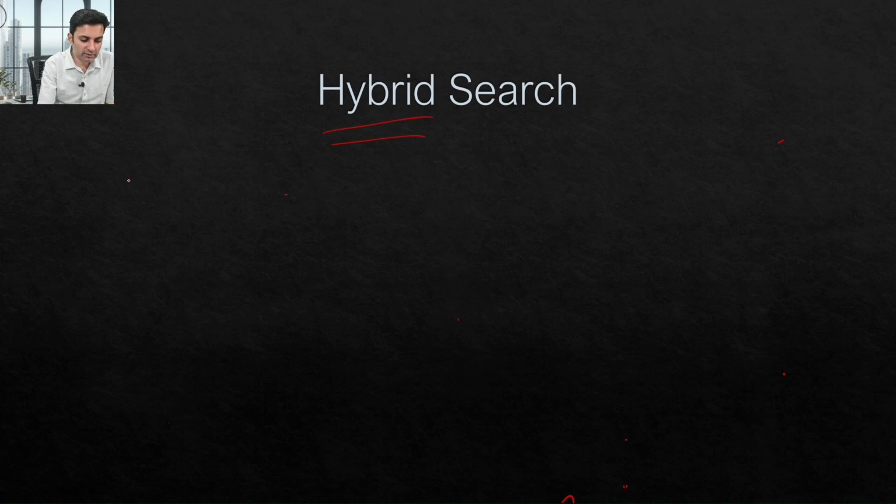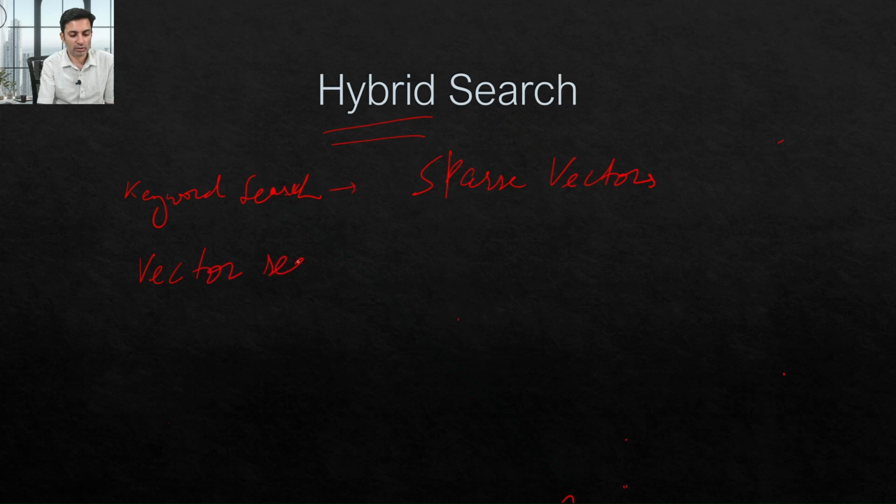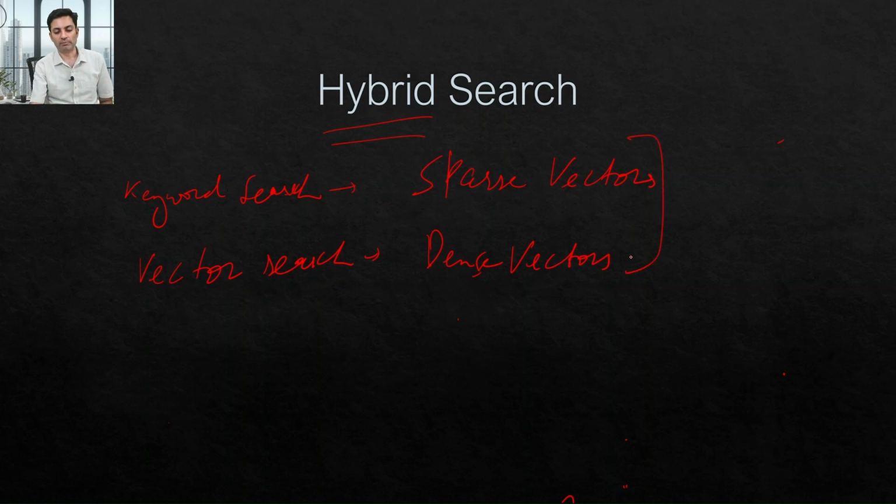My keyword search is normally enabled using something called sparse vector. And the semantic vector search, which we also call the semantic search, is enabled using dense vectors. So there are two types of vectors we are talking about here: sparse vector and dense vector.